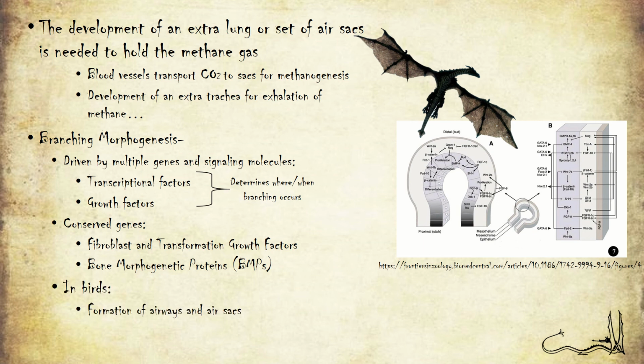And in birds, the formation of airways and air sacs is performed by region-specific mesenchymal properties and the HOX-B genes. And these form the development of the respiratory tract and will play a role in the formation of an extra trachea.